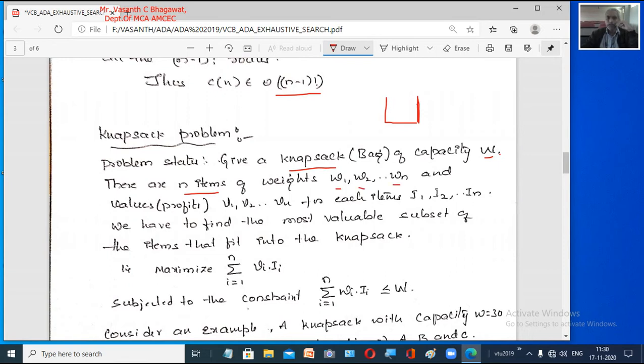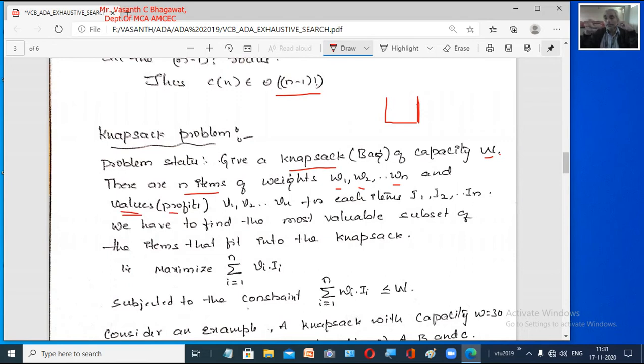and value or profit. Now there is a value given, or you can say profit. For all these weights, for W1, say for example he wants to steal one particular item.